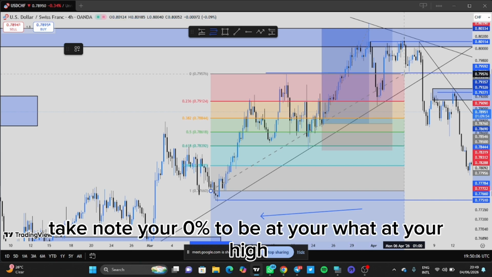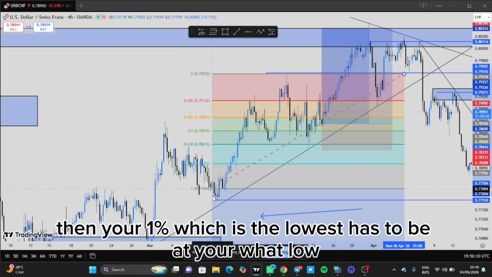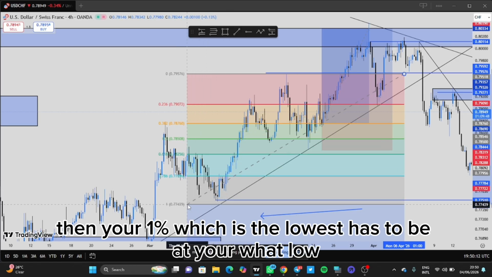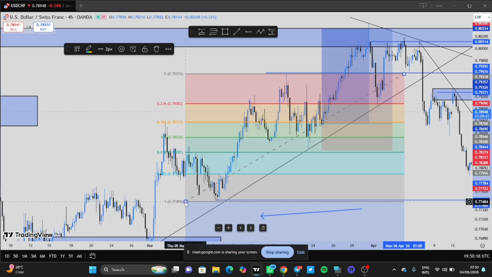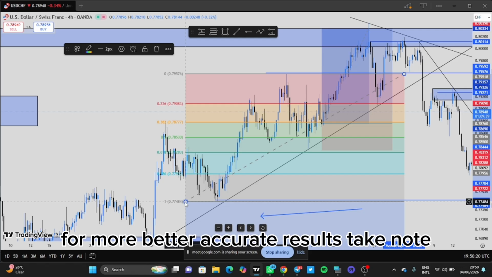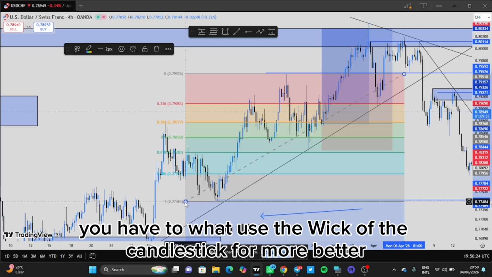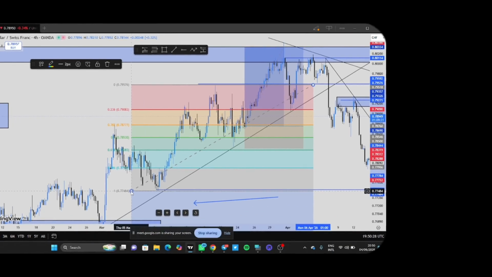Then your 1, which is the lowest, has to be at your low. And you have to use the wick of the candle for more accurate results. Take note, use the wick of the candlestick for better results.